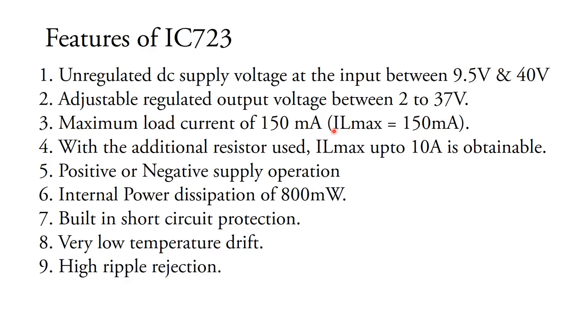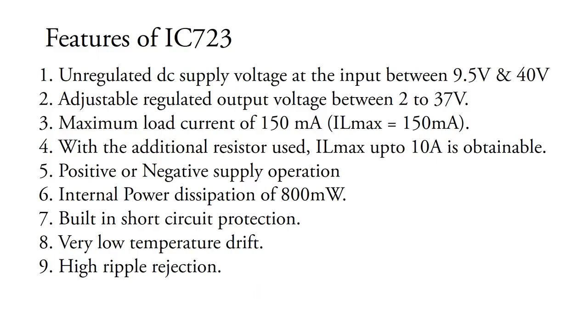Maximum load current is 150 milliampere without any additional components connected, but with additional resistors the load current up to 10 amperes is possible. Positive or negative supply operations can be done. Internal power dissipation is 800 milliwatts. Built-in short circuit protection, very low temperature drift and high ripple rejection. These are the major features of IC 723.